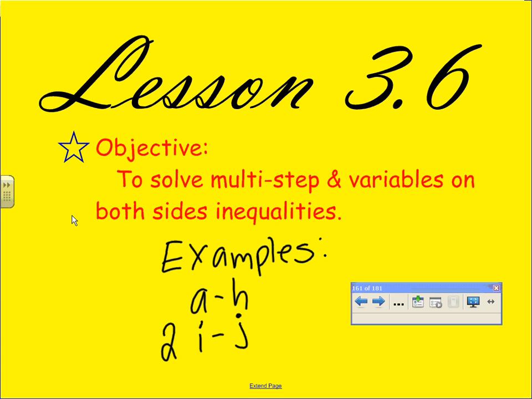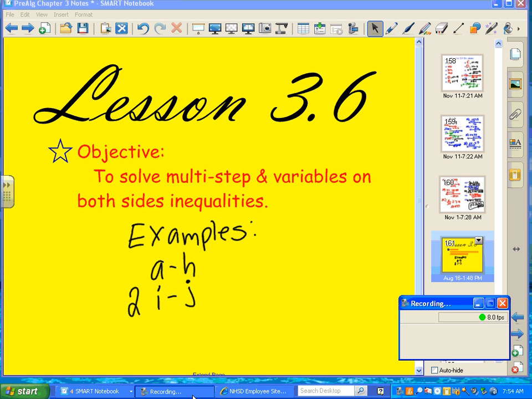Mary? You're doing two-step, multi-step, and variables on both sides. Yep. Justin? Yeah. It's more discovery. Okay, hands down for now. Unless is it a question on what we're doing today? Okay. Jeremy, is this a question on what we're doing? Okay, let me explain first, then we'll see if you have a question.